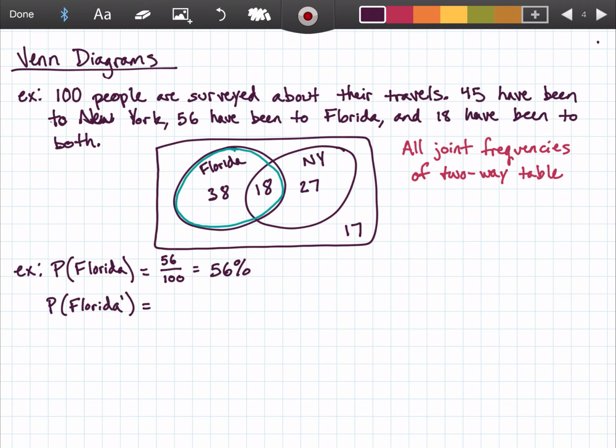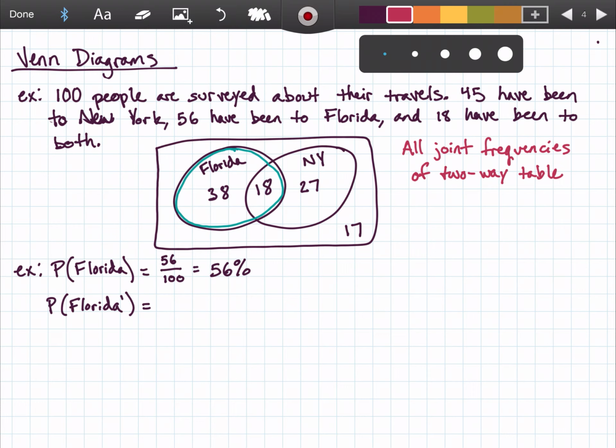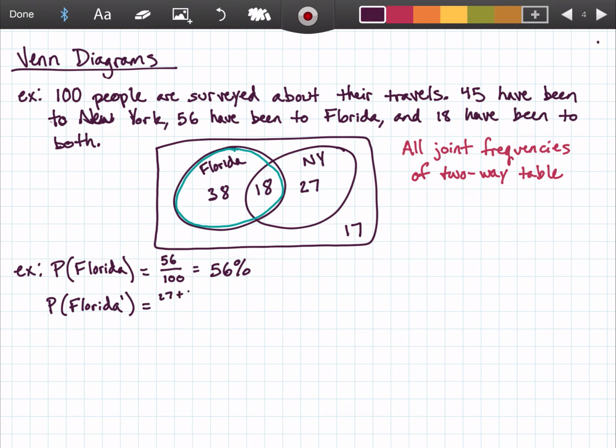Probability Florida complement, meaning those who have not been to Florida. So anyone who has not been to Florida is basically any number outside of the Florida bubble. So that's the 27 and the 17. And so we're going to get 44 out of 100.